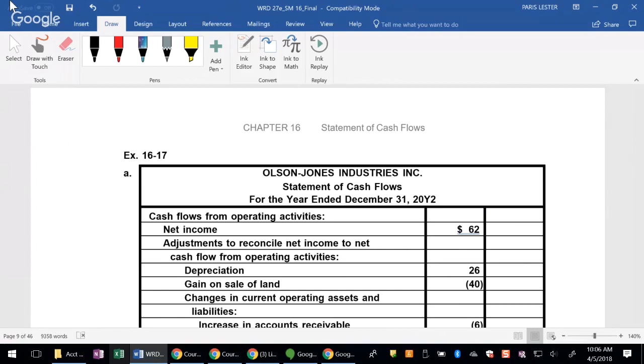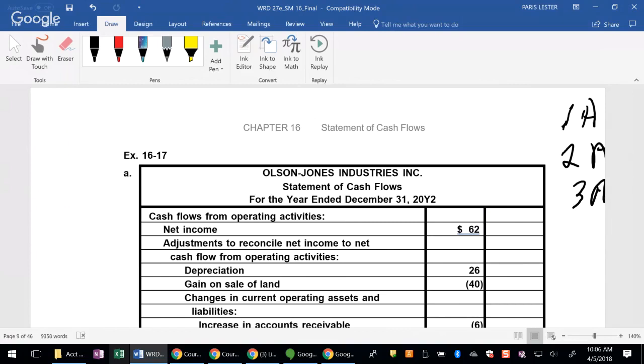All right, for Tuesday, I want you to do problem 1, 2, 3. Those are all cash flow statements. The indirect method. Now, I'm going to show you the direct method, but it will not be on a test.